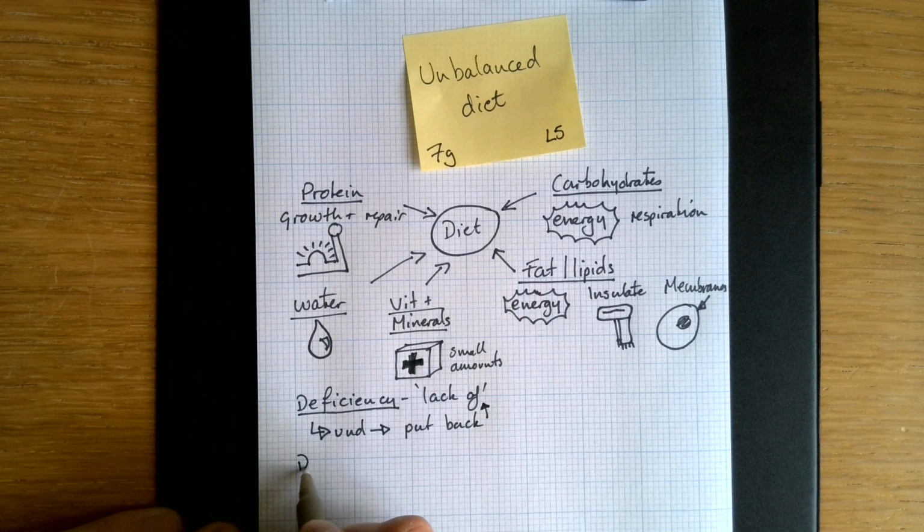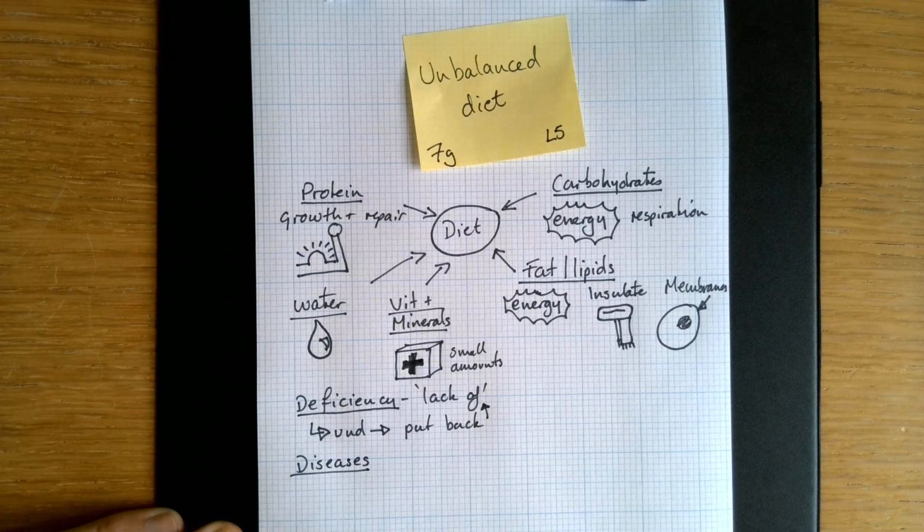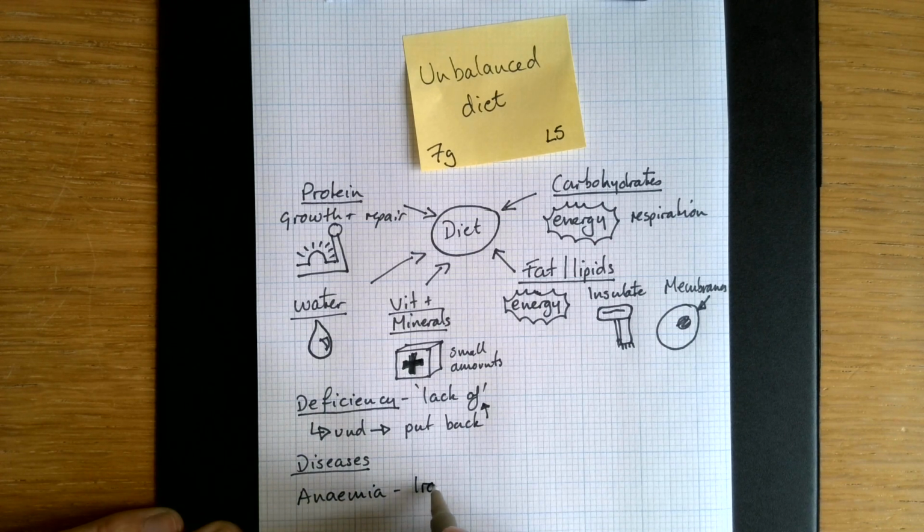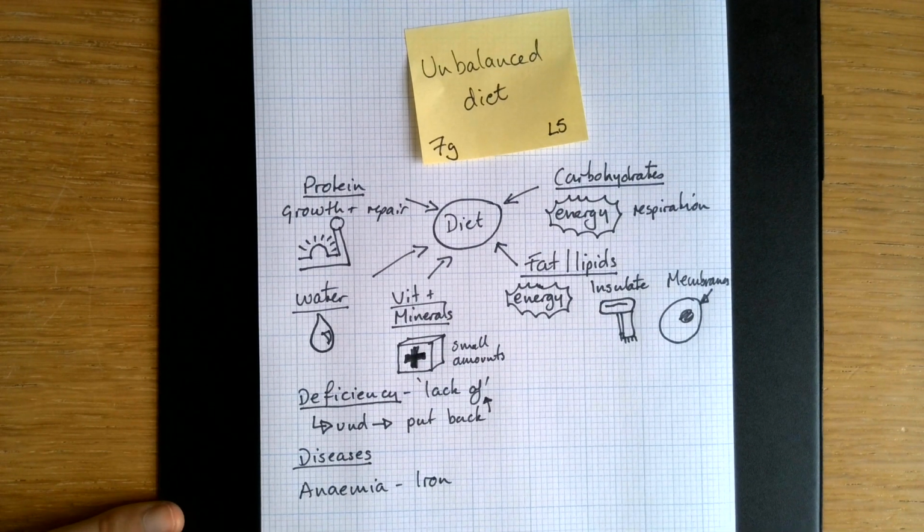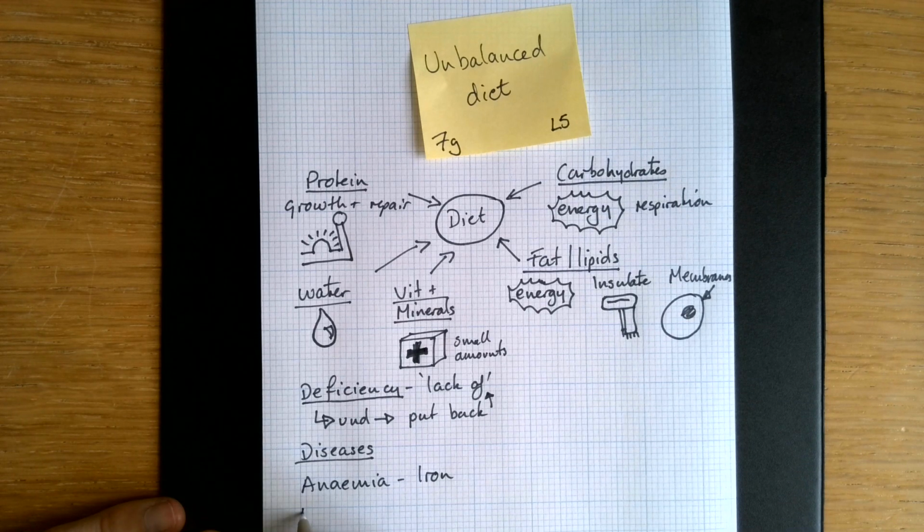So some of the diseases that I mentioned earlier, just a couple. Anemia. This is due to a lack of iron, and iron is used to help transport oxygen around the body via the bloodstream. We also can talk about an example such as rickets.